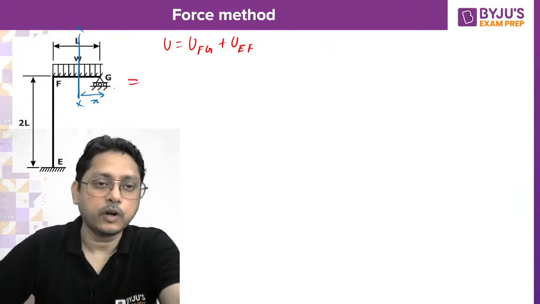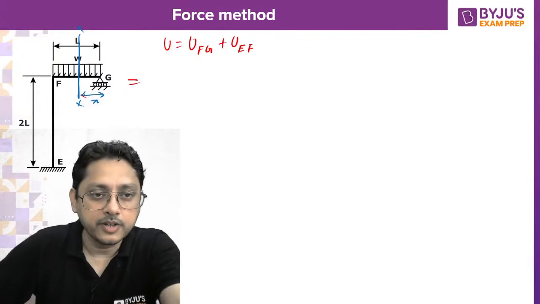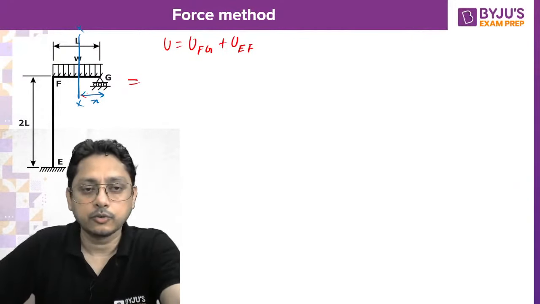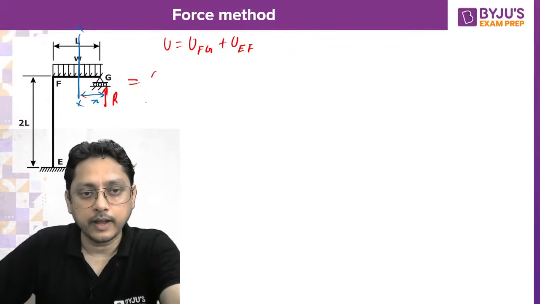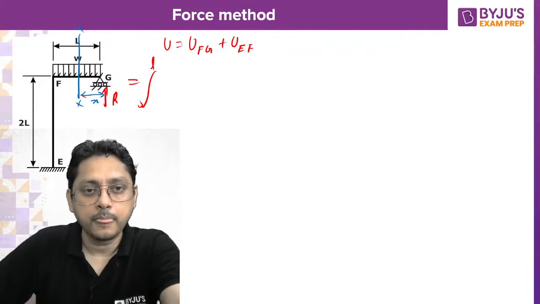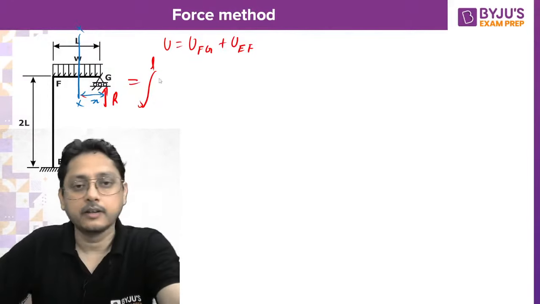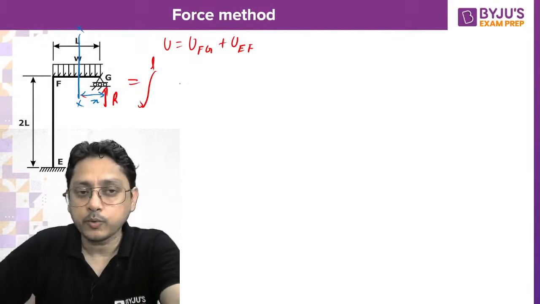For FG, what will be the strain energy? Suppose I am considering a section at x distance, so the bending moment will be, this reaction I have already considered as R. So 0 to L for strain energy for FG system, 0 to L, M square dx by 2EI.